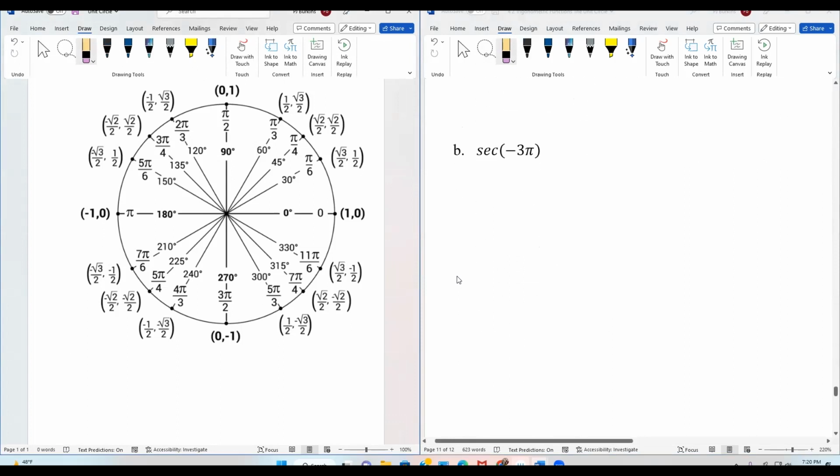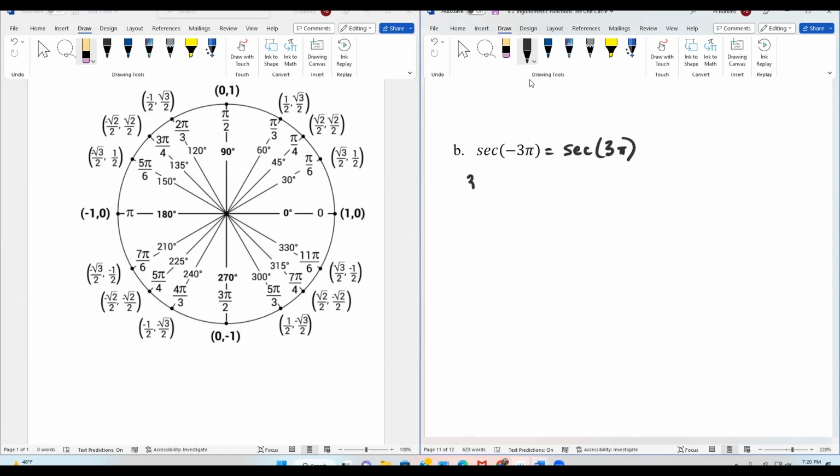Secant of negative 3 pi. All right, secant is related to cosine. Cosine is an even function, so is secant. Even functions don't care about the negative, so this is the same as secant of 3 pi. Now, again, 3 pi is not on the unit circle.